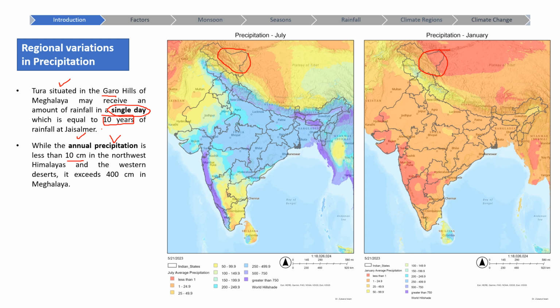And the Western desert, less than 10 centimeter. But on the other hand, it exceeds more than 400 centimeter in Meghalaya. This is the difference in annual precipitation. This was the difference in single day precipitation.